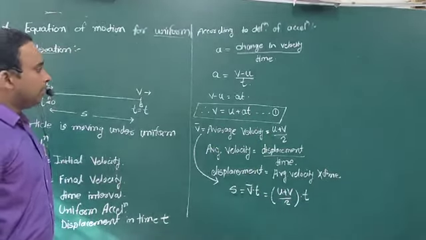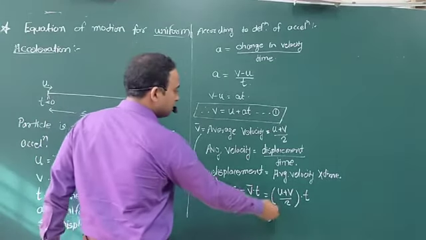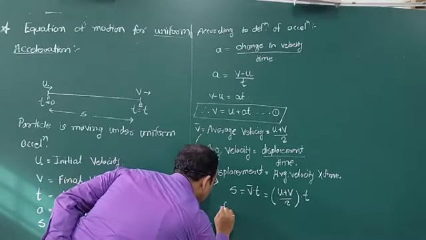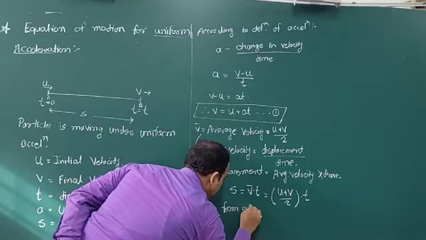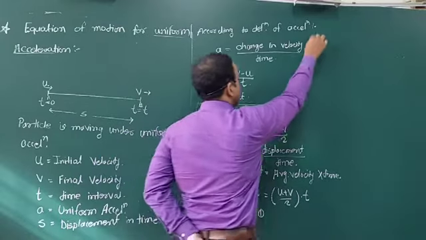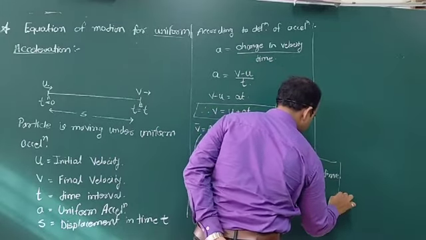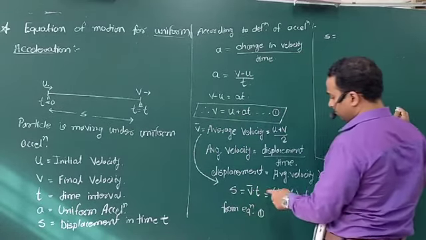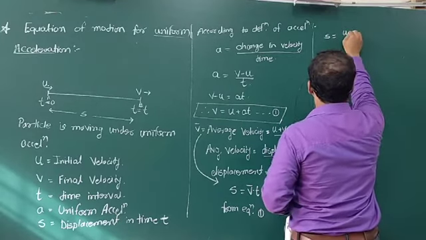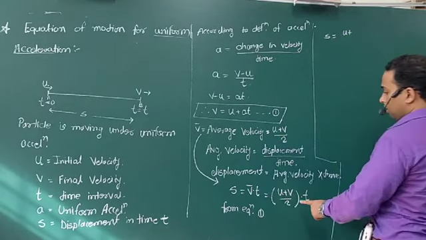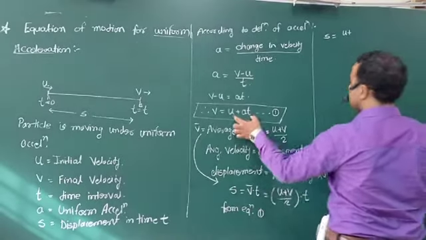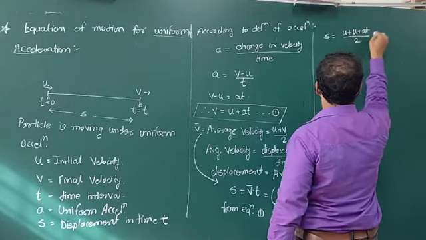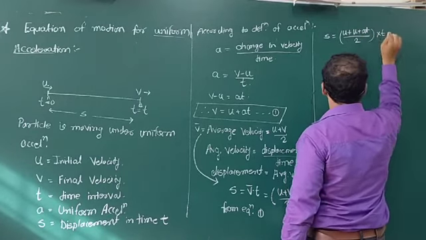Now substituting the value of v from equation 1, we get s is equal to u plus v, where v means u plus at, divided by 2 into t.